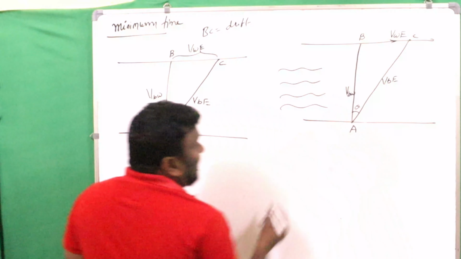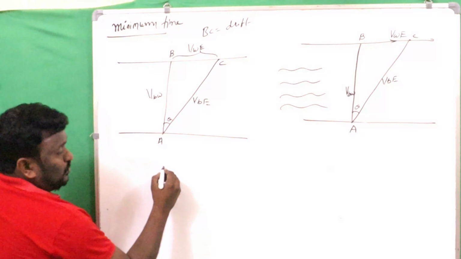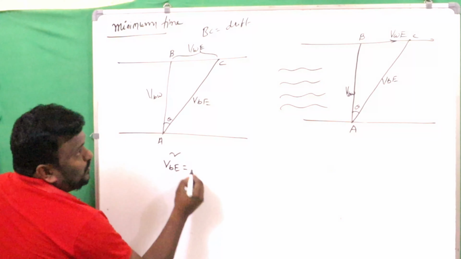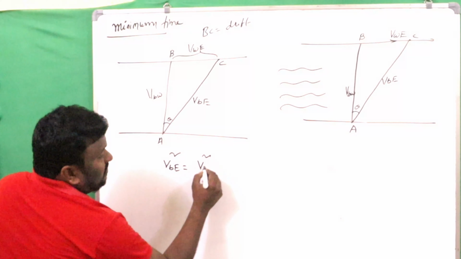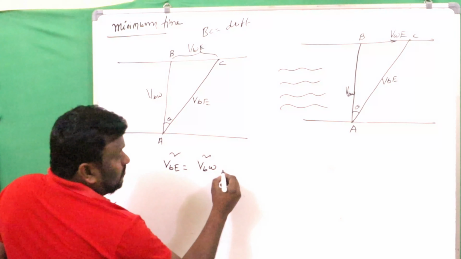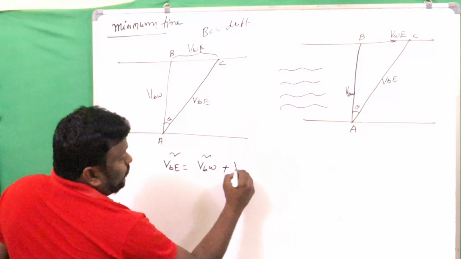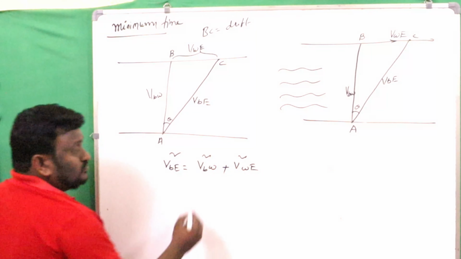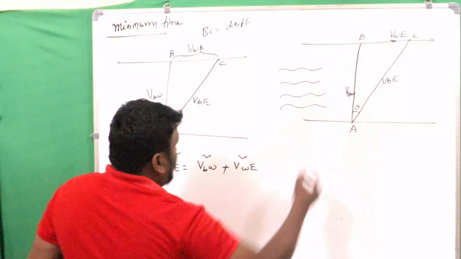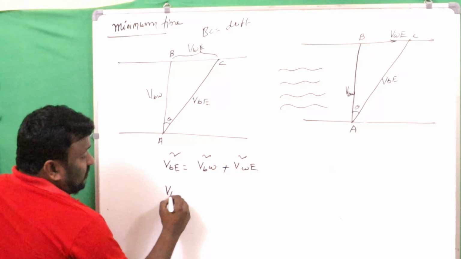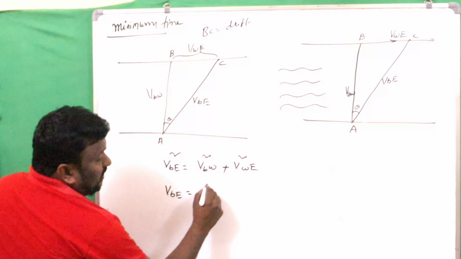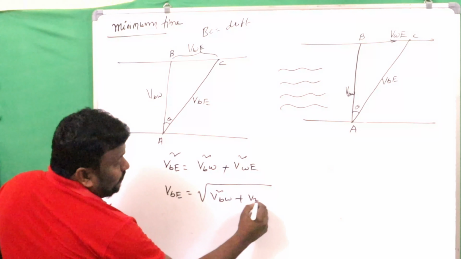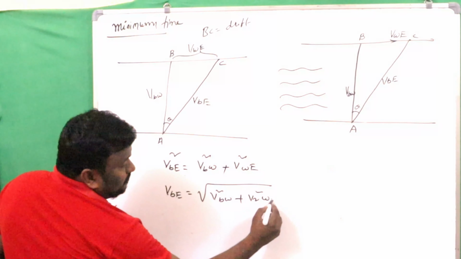In this case, this is VBE. So according to the diagram, according to Pythagoras theorem, V square BE is equals to V square BW plus V square WE. Then VBE is equals to under root of V square BW plus V square WE.